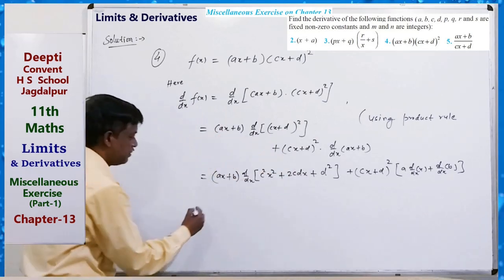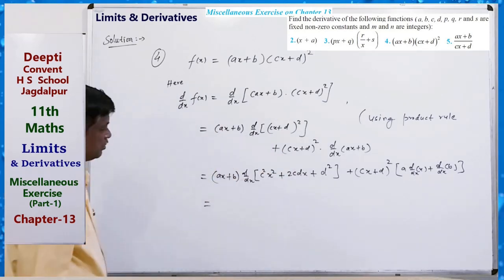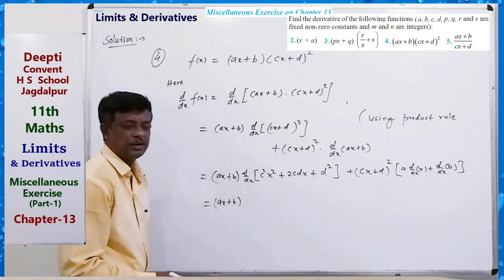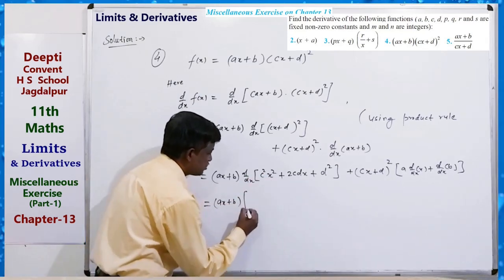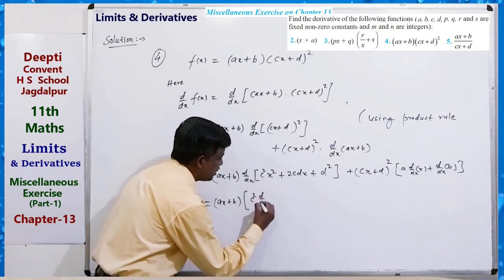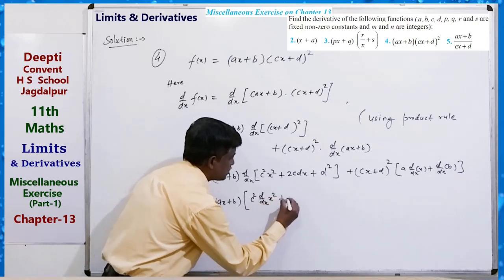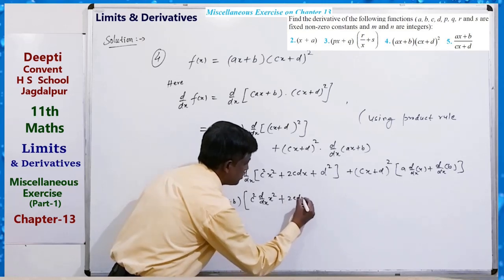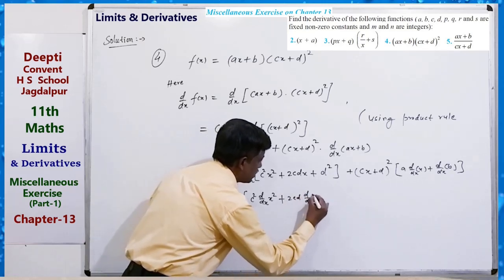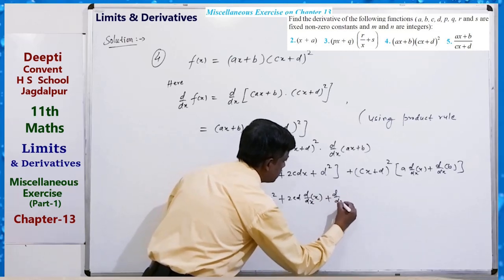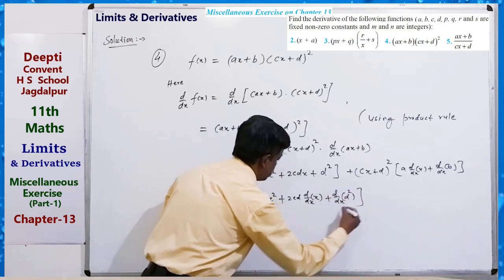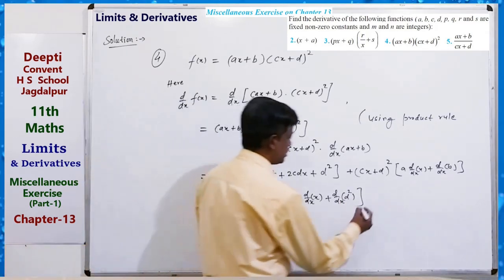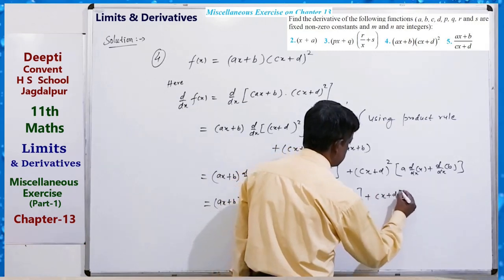So simple, using the process step by step, you have to write the derivative. Here it distributes in 3 parts. Here c square is constant, so dy/dx of x square, plus 2cd constant, so dy/dx of x, plus dy/dx of d square. Clear? Plus here (cx + d) square.